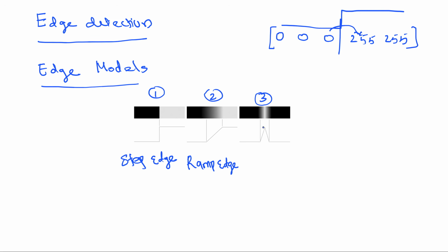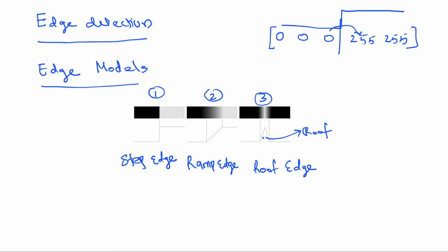The third one is a roof edge. As the name suggests, the intensity profile of this edge is kind of a roof structure. This kind of edge can happen if you are taking images of pipes or roads, or satellite images of roads or rivers.